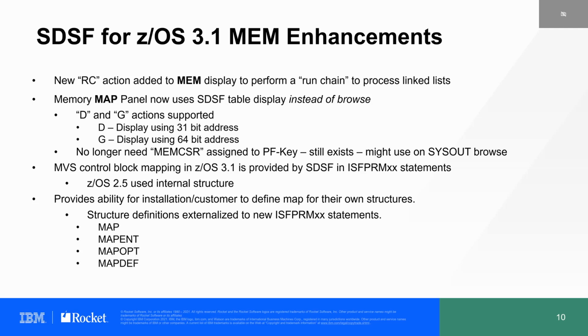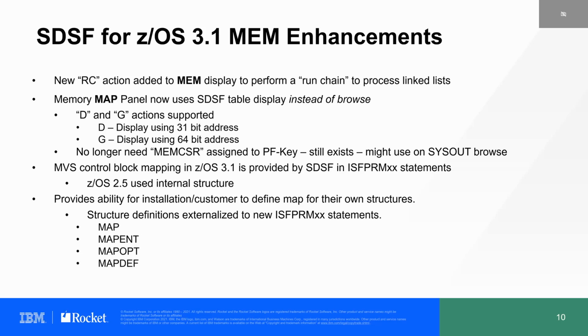So if you ever did this on 2.5, you were taken into a screen that looked very similar to a sysout browse, where we produced a report of what it might look like in the structure. And we also provided a command called memcsr that you could assign to a PF key, which might make it work, picking up the address on the screen and invoking them under the covers. It wasn't great, but it was all right.